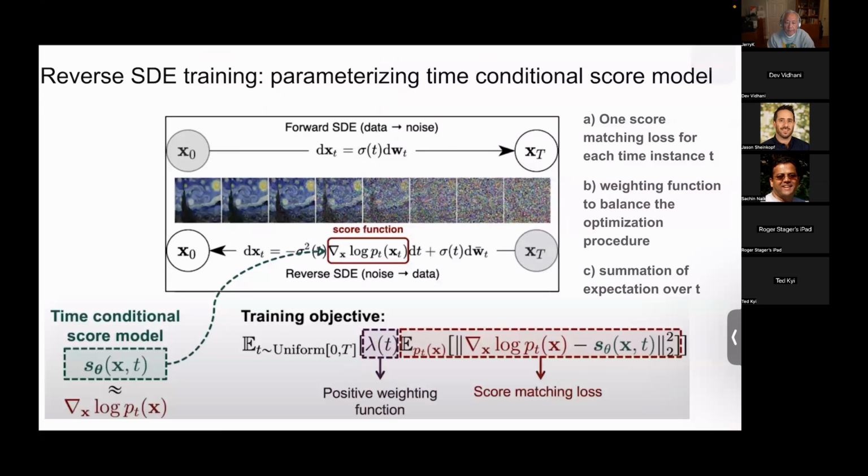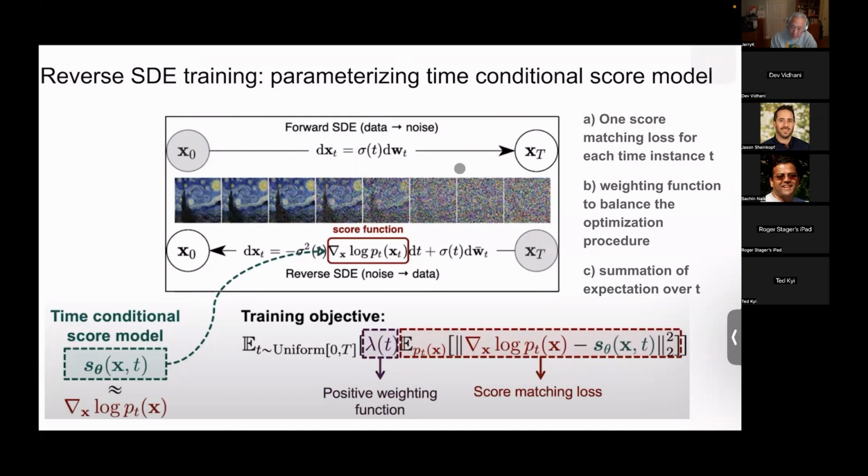So now that we understand the forward and the reverse process, how is this trained? The way that training is done is that you have a neural network where at every time step you have one score matching loss for each time instance t.